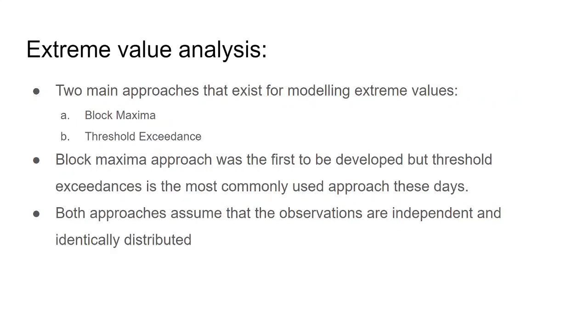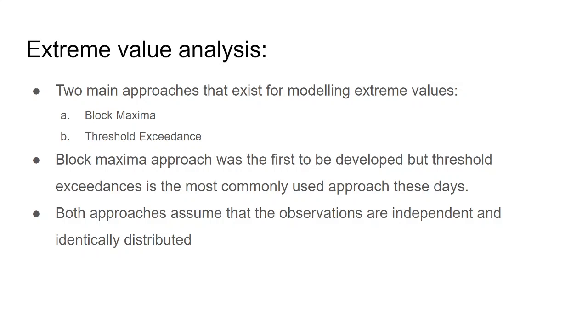Firstly, talking about the two main approaches that exist for modeling these extreme values, namely block maxima, and then the other one is threshold exceedance. The block maxima approach was the first to be developed.